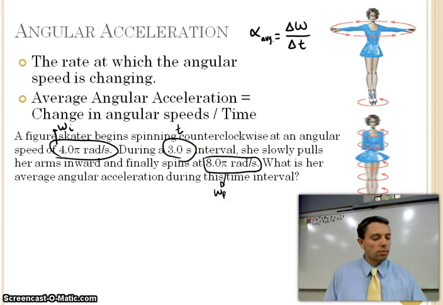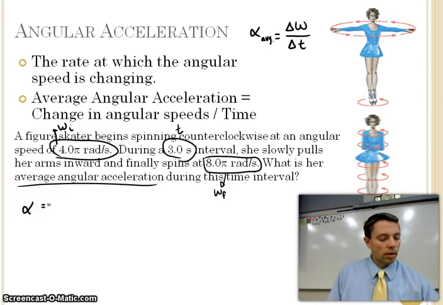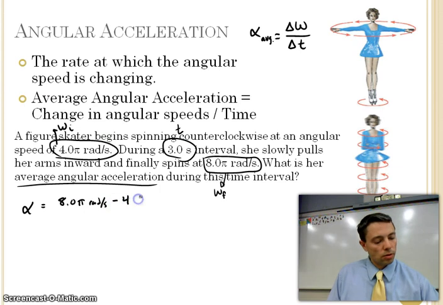What is the average angular acceleration during this time? So I'm going to take my alpha, and it's just going to be my 8.0 pi radians per second minus my starting, which is my 4.0 pi radians per second, and I'm going to divide this by 3 seconds.